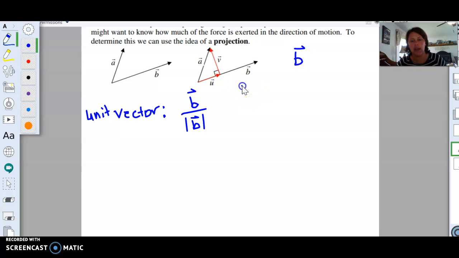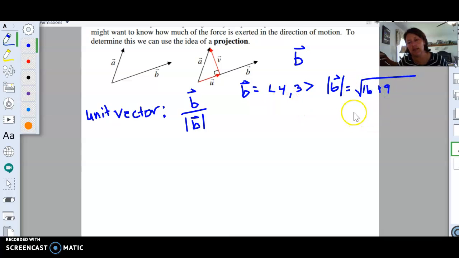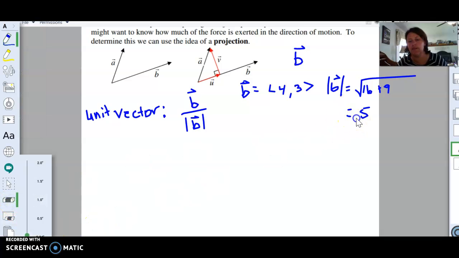So if vector B was equal to 4, 3, then we would find the magnitude of that vector. The magnitude would be equal to the square root of 16 plus 9, which is equal to 25. So 5 would be the magnitude of that vector.